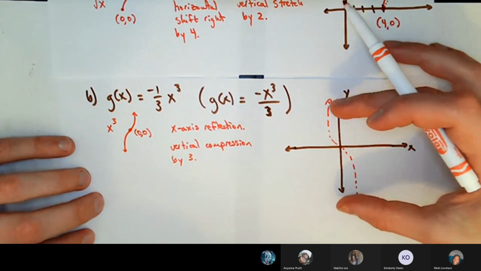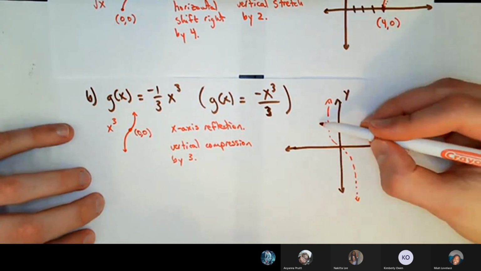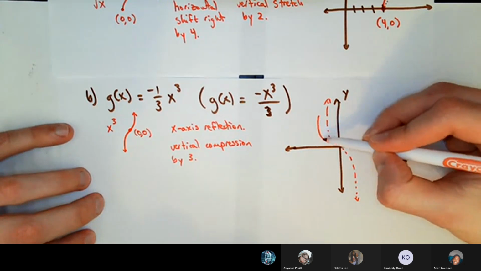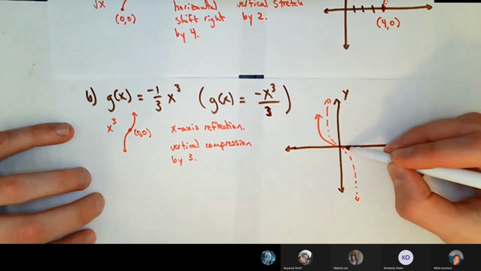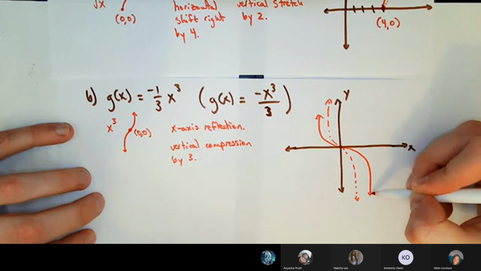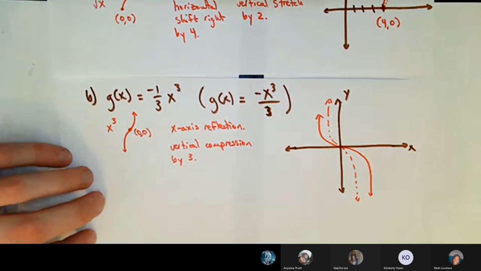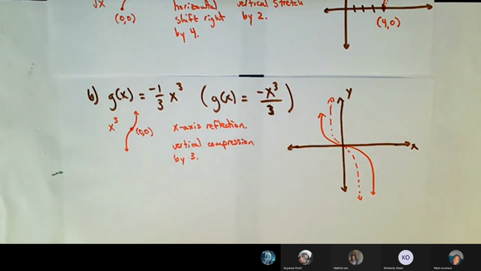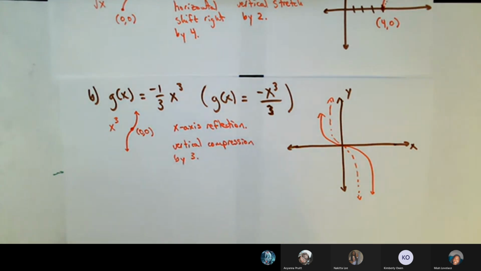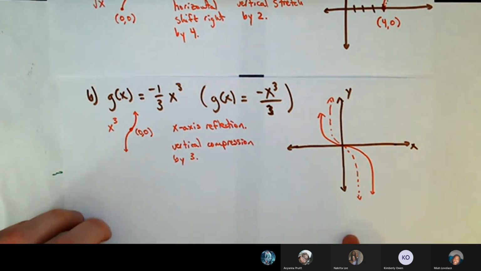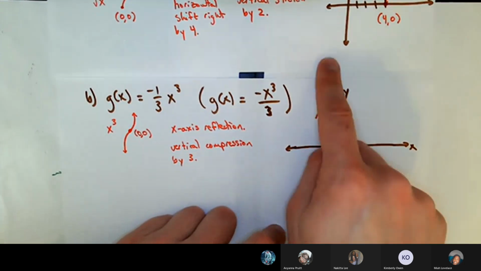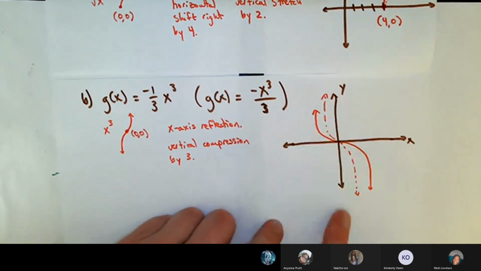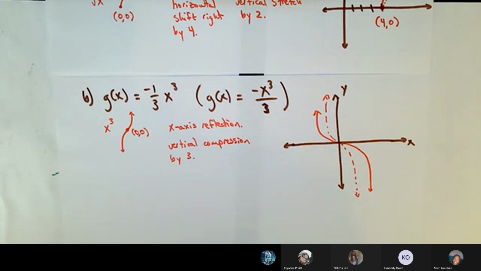So I'm vertically compressing from both sides, and it should look more like that on this side, squishing that down, and like this on that side. More like that. So it's not as steep. It doesn't get as negative or positive. It doesn't grow as fast anymore because it's being chopped down by 3.